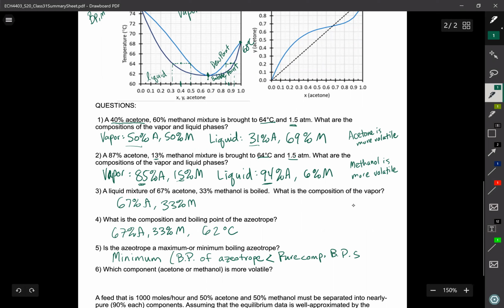And if I had a maximum boiling azeotrope, the TXY diagram would look something like this. So the boiling point of the azeotrope would be above the pure component boiling points.